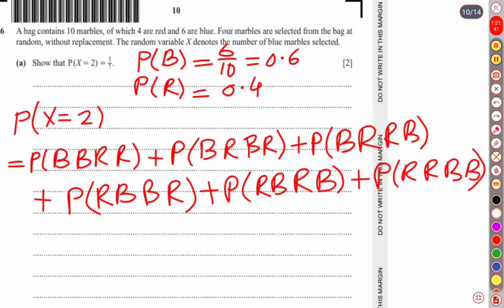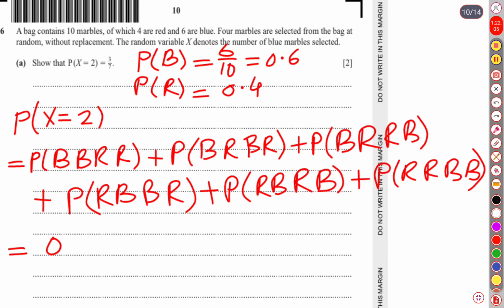Well, then we will have to write the probability. So for probability it is 0.6. Now in this way we cannot actually write them because it is without replacement. Remember, don't ignore the clue point of this statement.